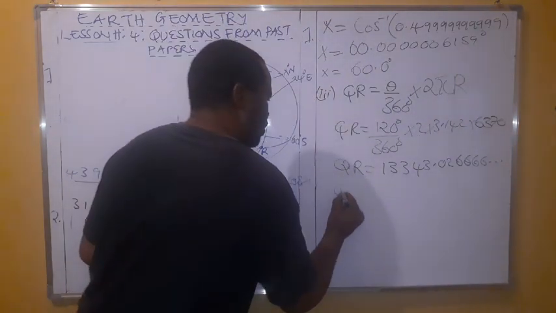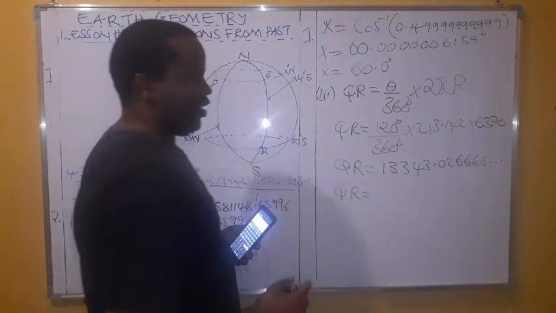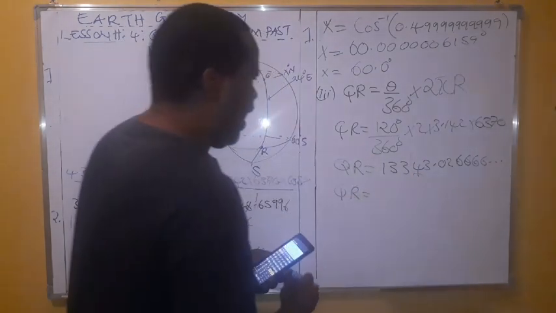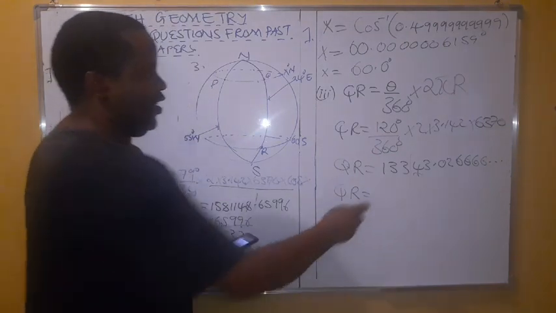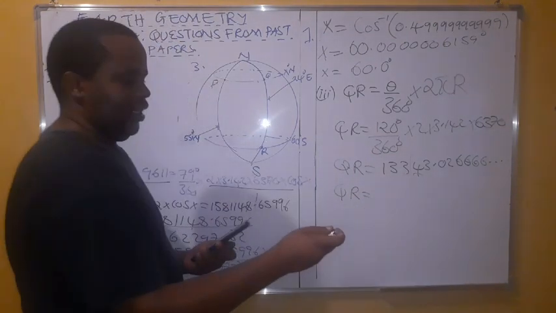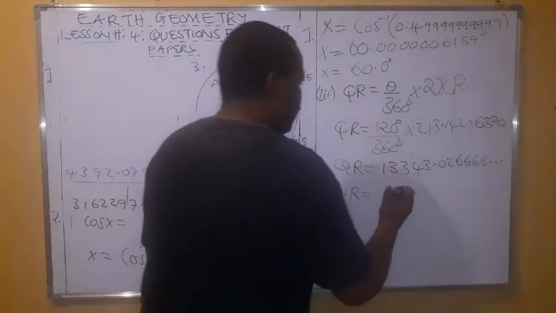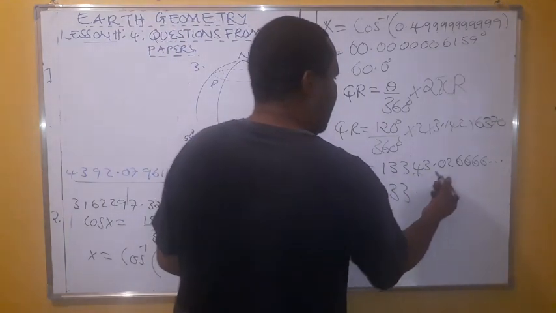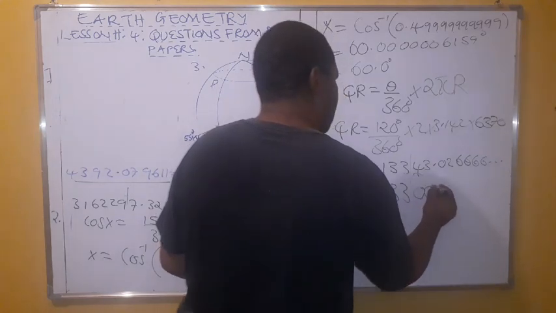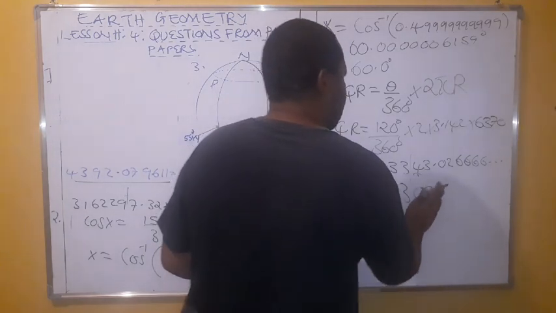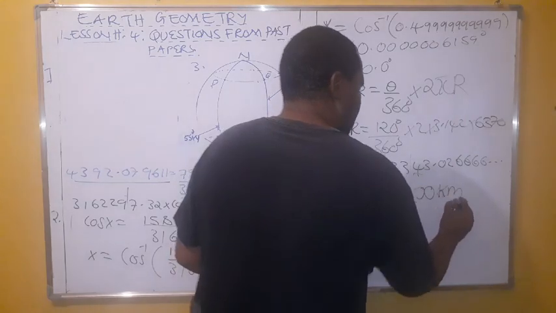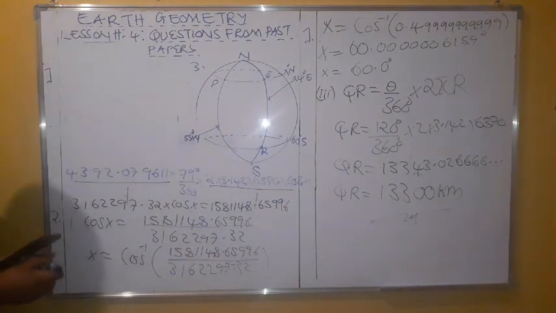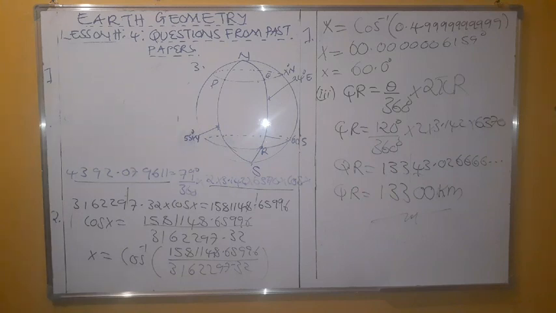So here our QR is equal to 3 significant figures: 1, 2, 3. Chop a line and consider 4 as 0. 0 plus this 3 here, we get a 3. Okay. So we have 1, 3, 3. Now there are 2 digits after the line and before the point, so I'll add this. This is in kilometers. And this is our distance. Okay, so that's our distance that exists between Q and R.